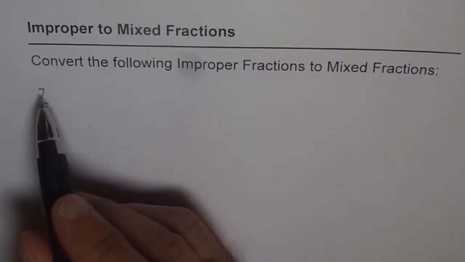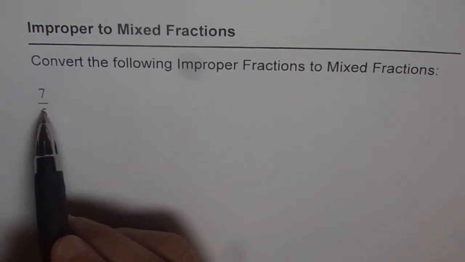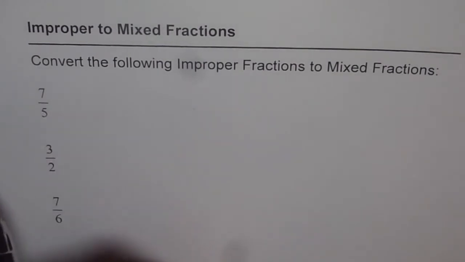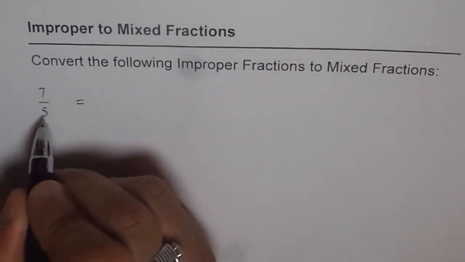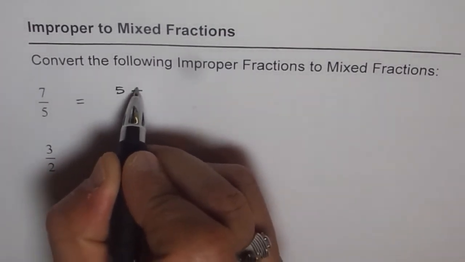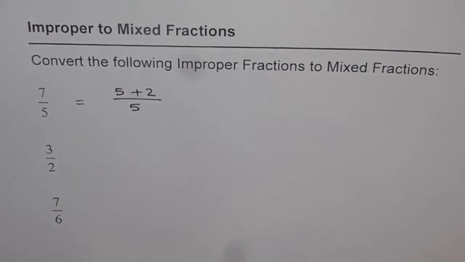So when we say 7 over 5, how do we write this in the form of a mixed fraction? Well, what we will do is, we can write 7 as 5 plus what? Think about it. So we can write 7 as 5 plus 2, and we still have 5 in the denominator.